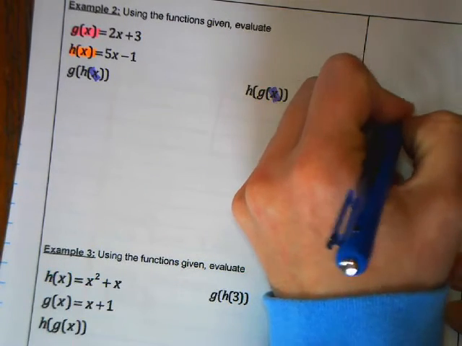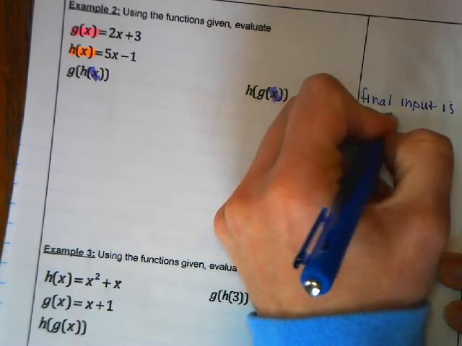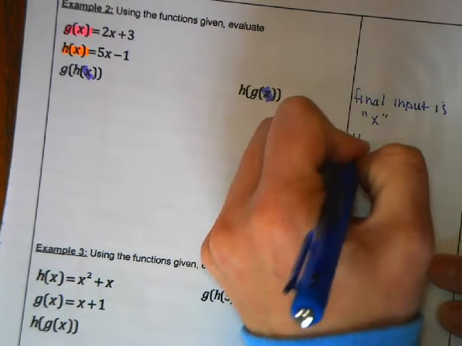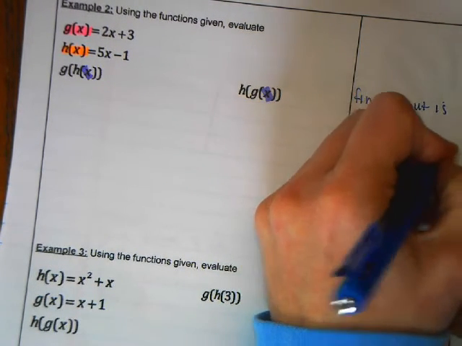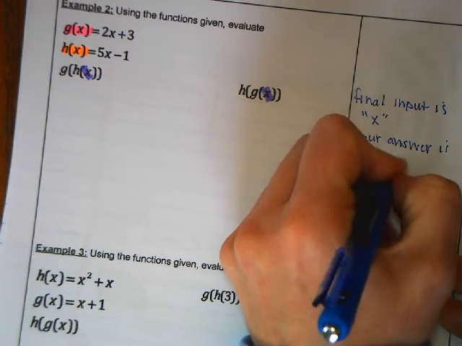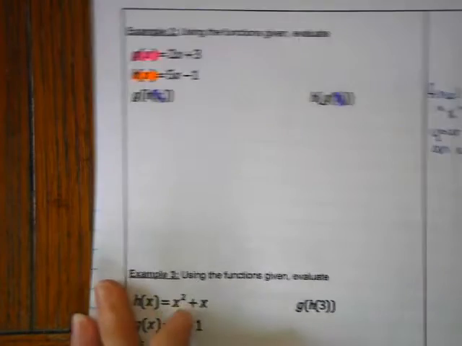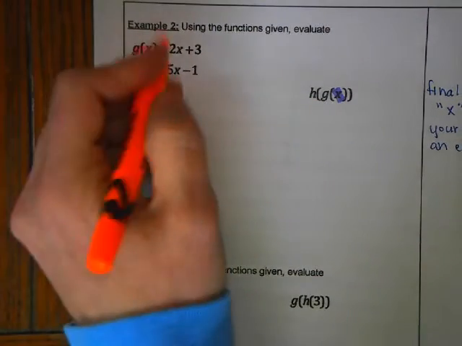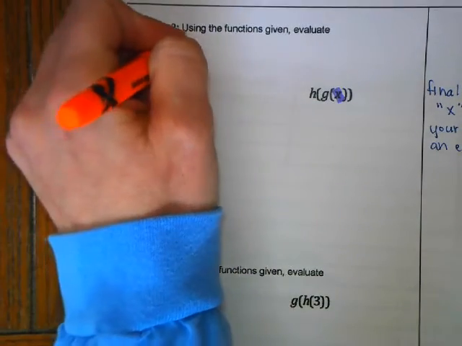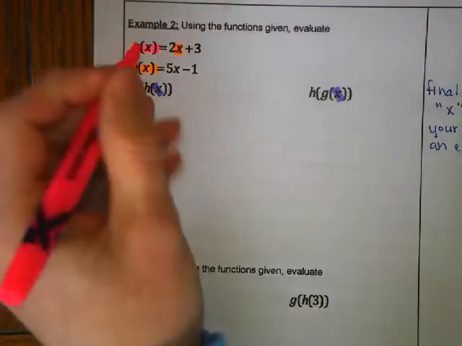When my final input is x, your answer is an expression. So don't panic that you have to get a number. Okay, here we go. Take my h function, my present, and put it in for the input of the other function.